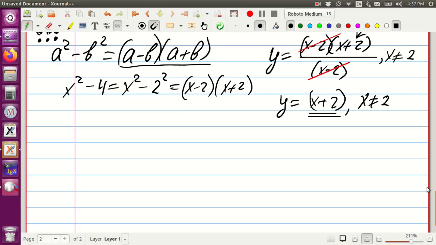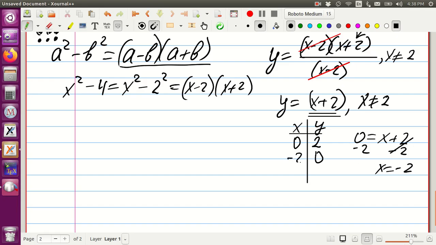So we should be able to plot it easily by creating 2 points. We take x and y. We take 0 and plug it in for x to get y equals 2. Then we take 0 for y, so we get 0 equals x plus 2. If we subtract 2 from both sides, we get x equals negative 2.